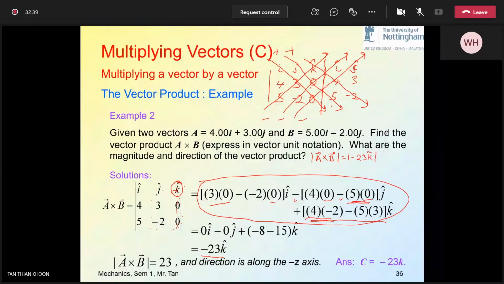That means this is equivalent to minus 23 and K. The modulus of minus 23, of course, is 23. And the magnitude of K is 1, because it is a unit vector.